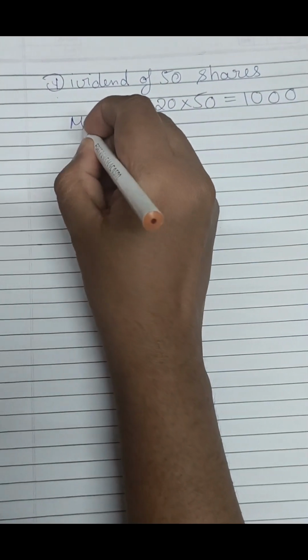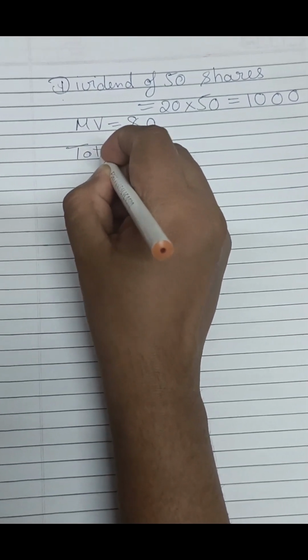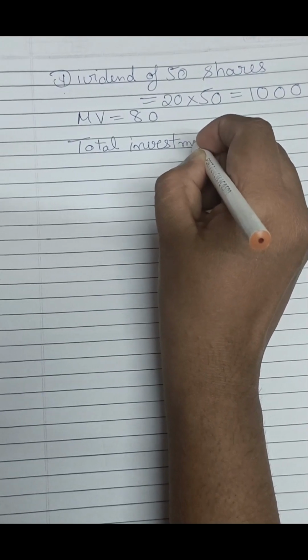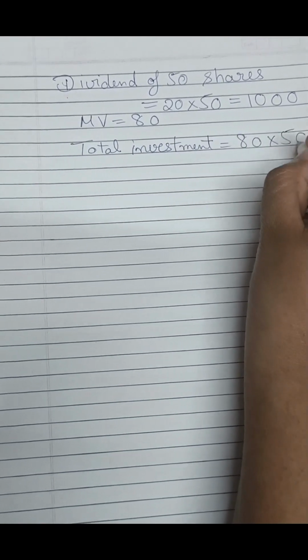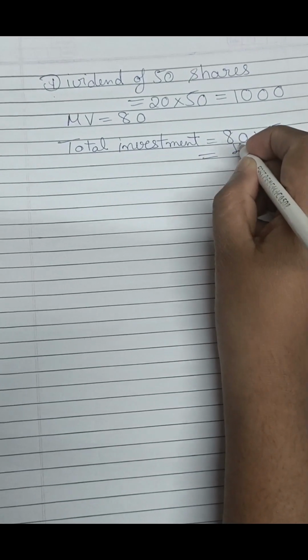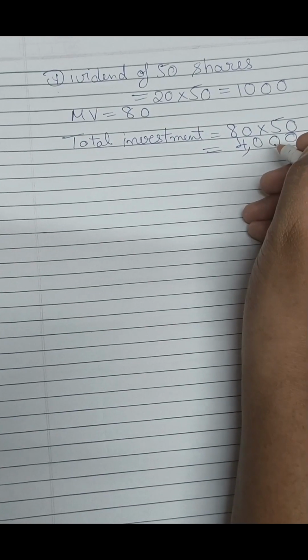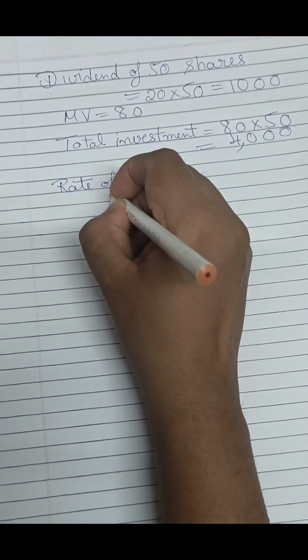So MV they have given us 80. So total investment, how much did we invest? It is 80 into 50, which is equal to 4000. Now we have to find the rate of return.